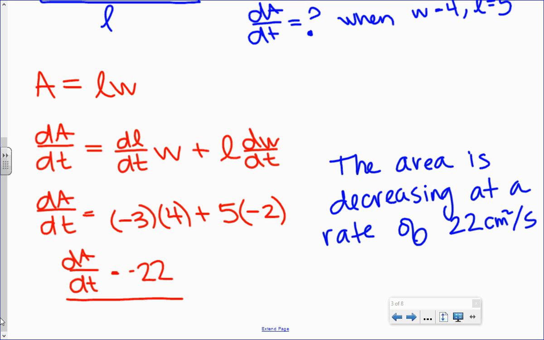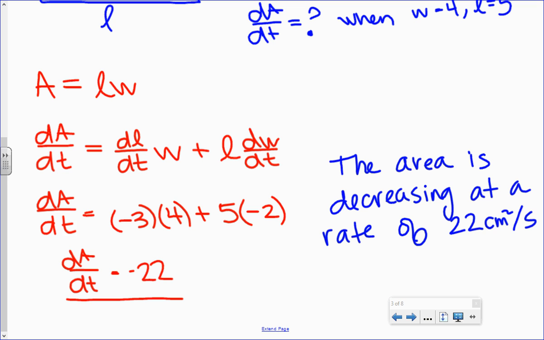Now, some of you may be wondering, why couldn't I put 4 and 5 in for L and W right there? It might not be something that you wanted to do right away in this problem, because the derivative would be 0, it's not changing at all. We know that's not true. We cannot plug in constants for variables that are changing.